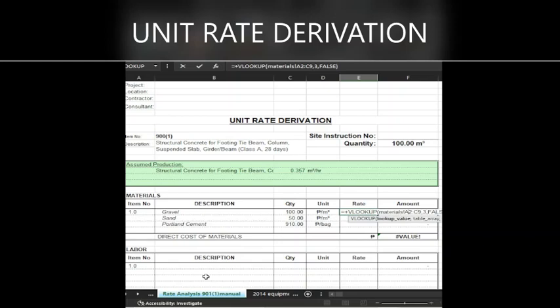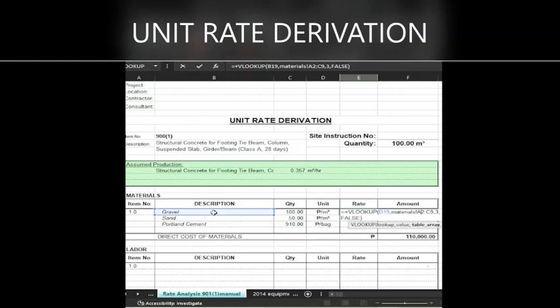VLOOKUP materials, then the table, 3, then the lookup value. Then this one. So this is 1100.